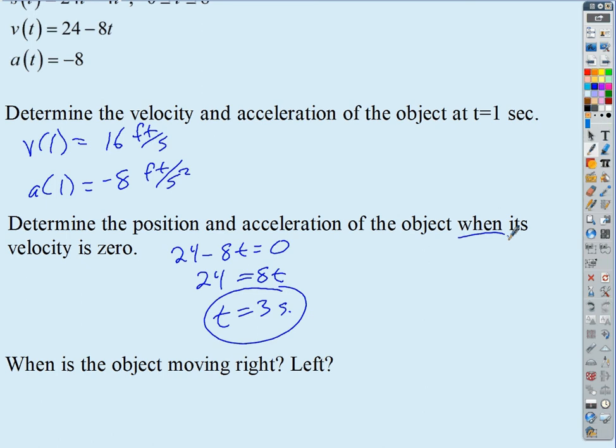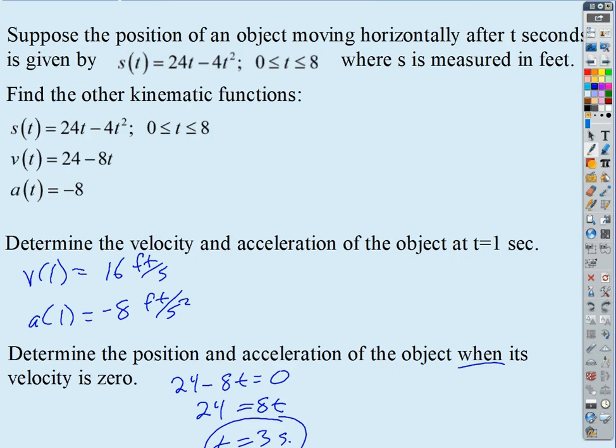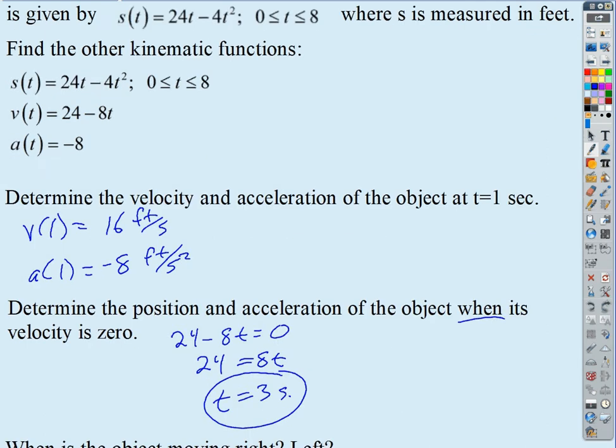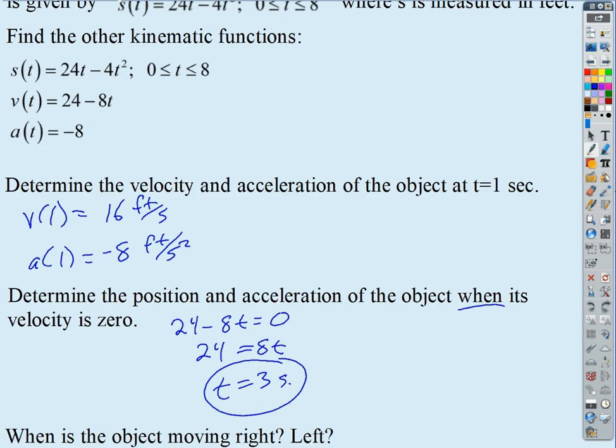So we want the frame corresponding to t equals 3. Once we know what the time is, what frame we're looking at, then we can go back to our kinematic quantities, and notice they're all indexed by t. They're all specific functions of the input variable t, and so we can go back and plug in any time that we want to and figure out what the values of those quantities are. So that's no big deal. We can just plug a 3 in and come up with some numbers.